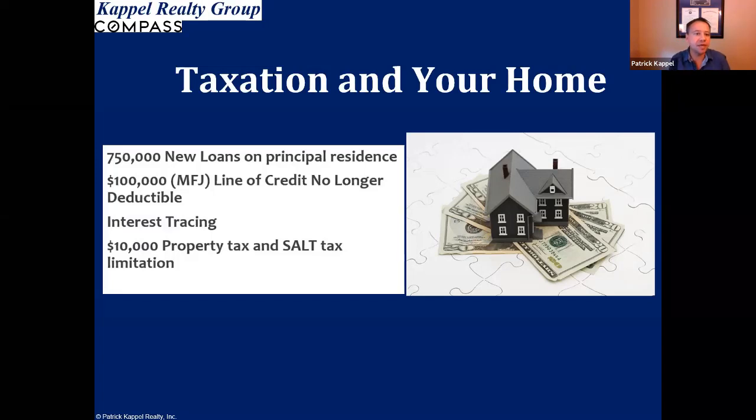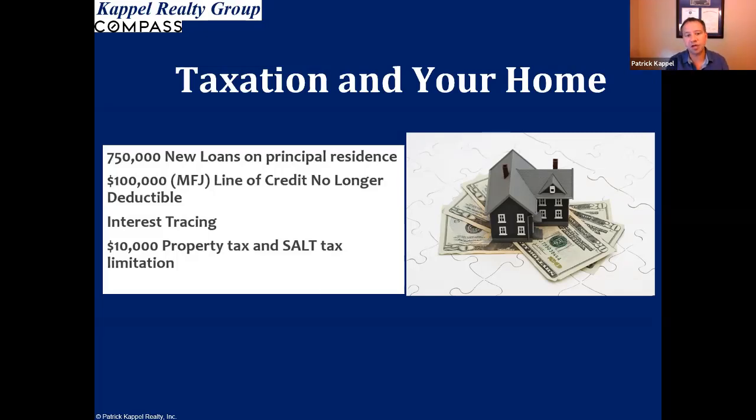Interest tracing is like, well, maybe you take a $50,000 home equity line of credit out and you use it to invest. And you use it to invest as a down payment on a new duplex that you go out and buy. Now you might be able to write off the interest associated with that portion of that loan because you used it for investment purposes.